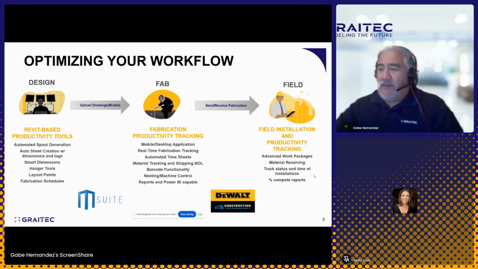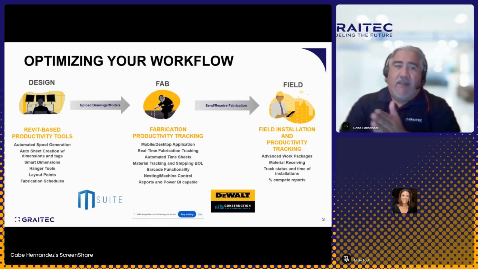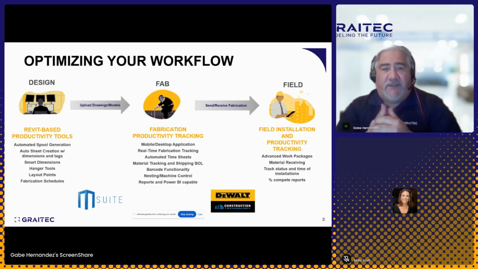A little bit about M-Suites before we get started. What M-Suites covers for you is, from the design side, a Revit-based product that helps with automating your spools, sheet creation, smart dimensioning, and tagging.